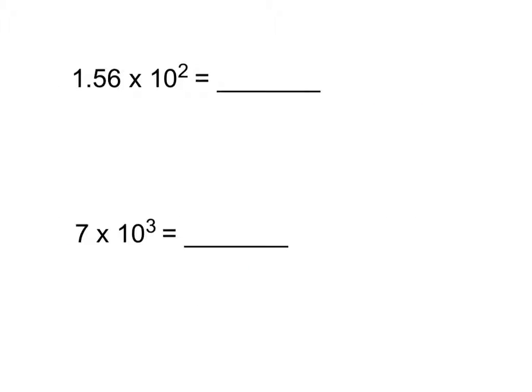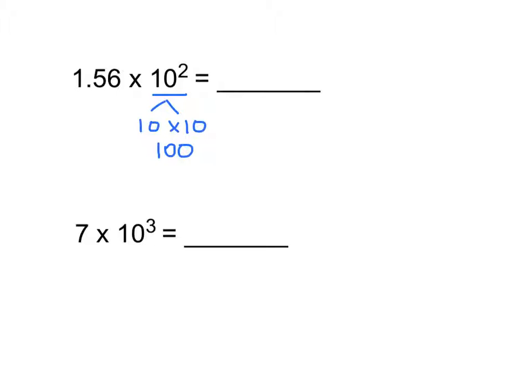So now let's practice doing some multiplication and division using the powers of 10 in exponential form. Let's say we start with 1 56/100 times 10 squared, or 10 to the second. I know that this number is 10 times 10, or 100, so I could rewrite this as 100.